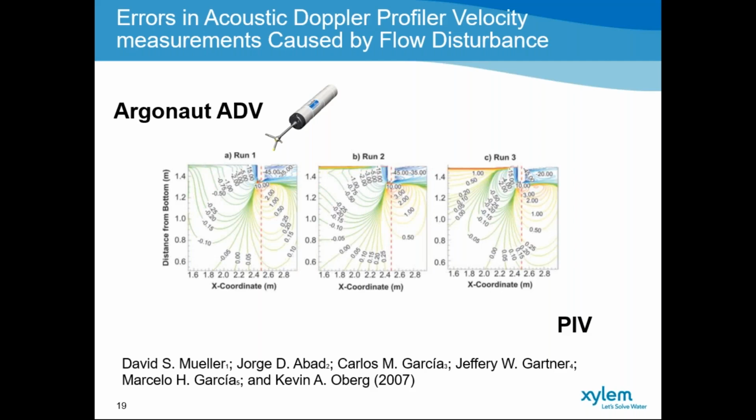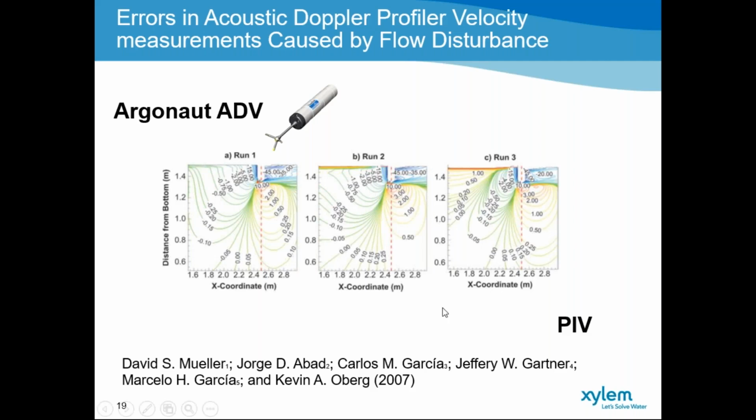They used an Argonaut ADV instrument as well as PIV techniques to collect data in a laboratory to verify the model calibrations and to make sure that the actual measurement results are comparable with the CFD model.